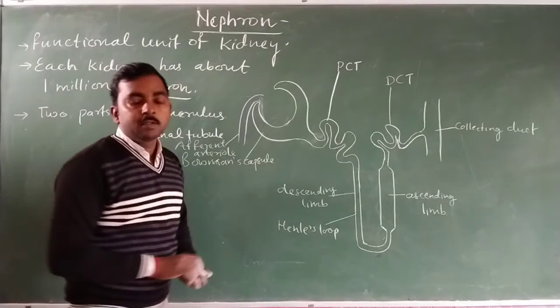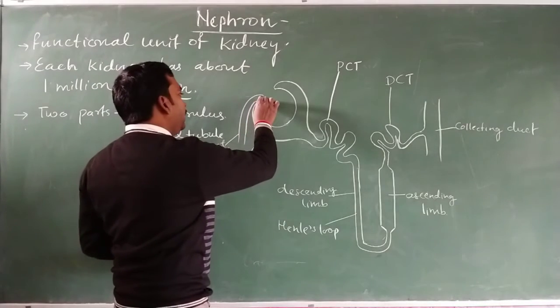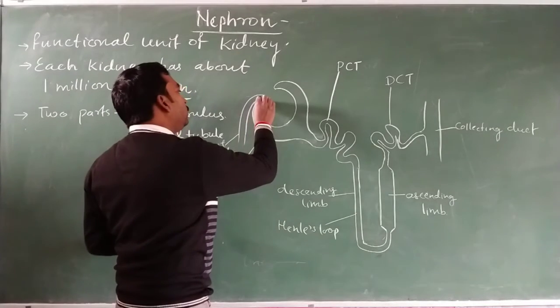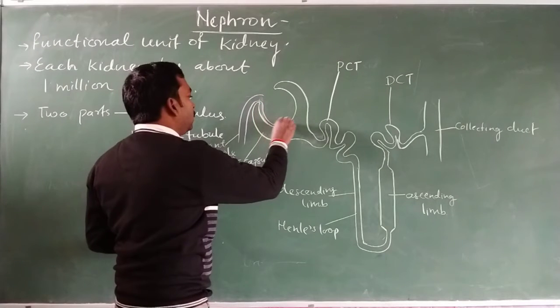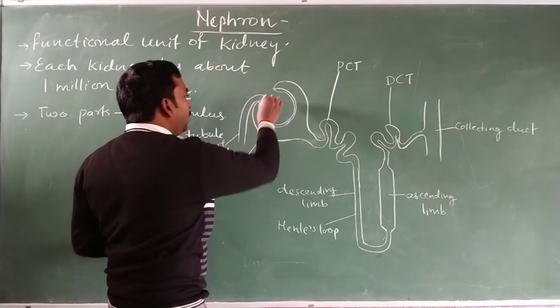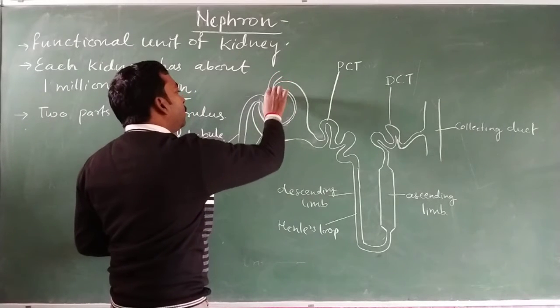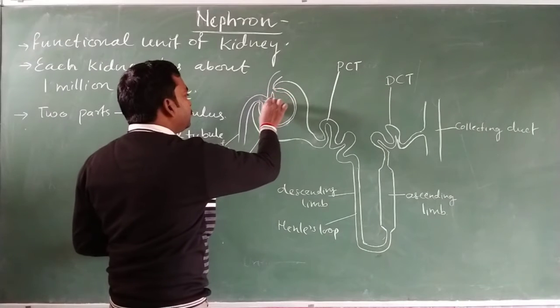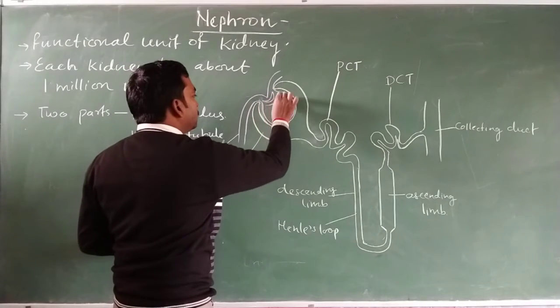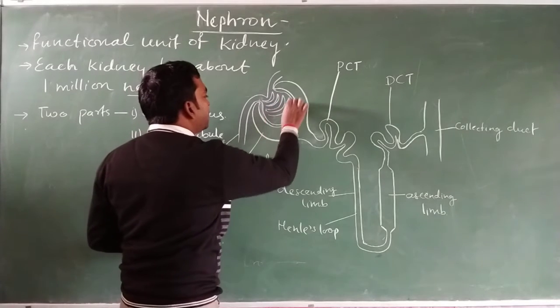The afferent arteriole supplies blood to each nephron, and it becomes converted into a tuft of capillary, which is known as glomerulus. The tuft of capillary forms inside the Bowman's capsule.